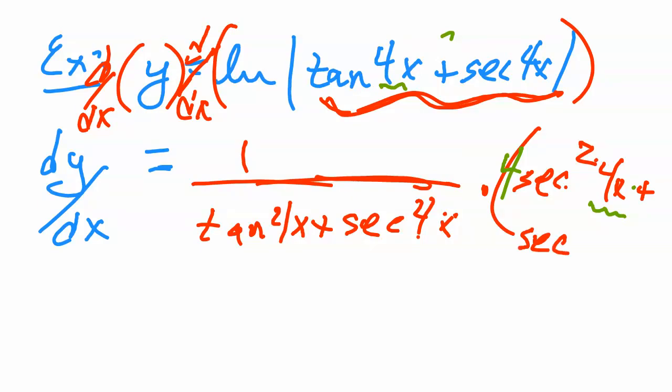So it's going to be secant 4x tangent 4x. And then once again times the derivative of what's inside here. So I'm using chain rule within the chain rule, and I've got a constant of 4 there as well. And so it's going to be times that whole thing.